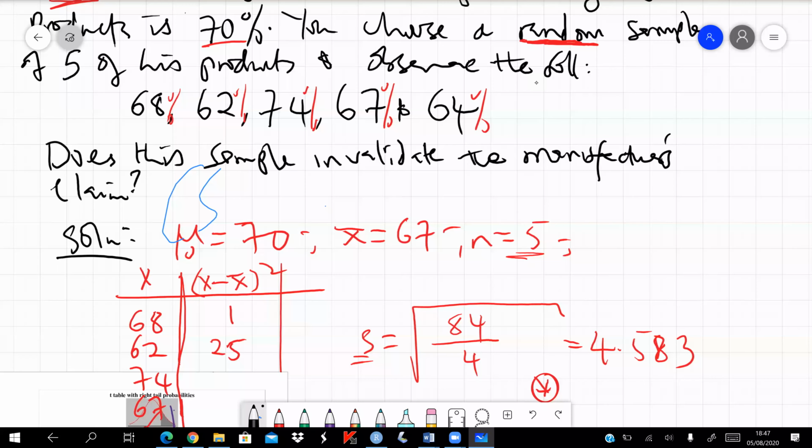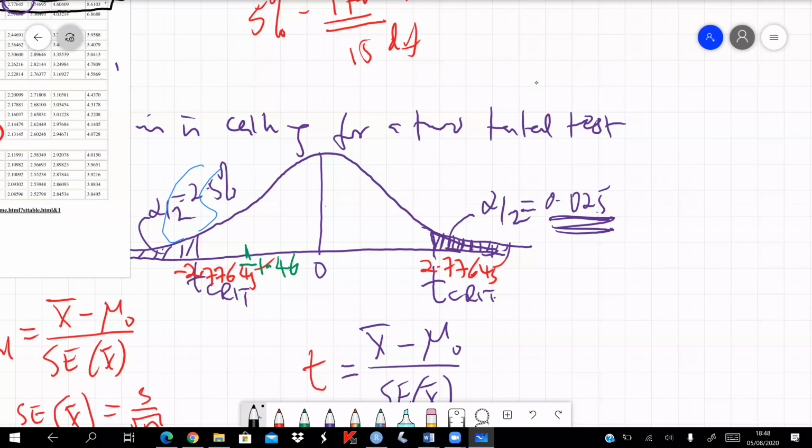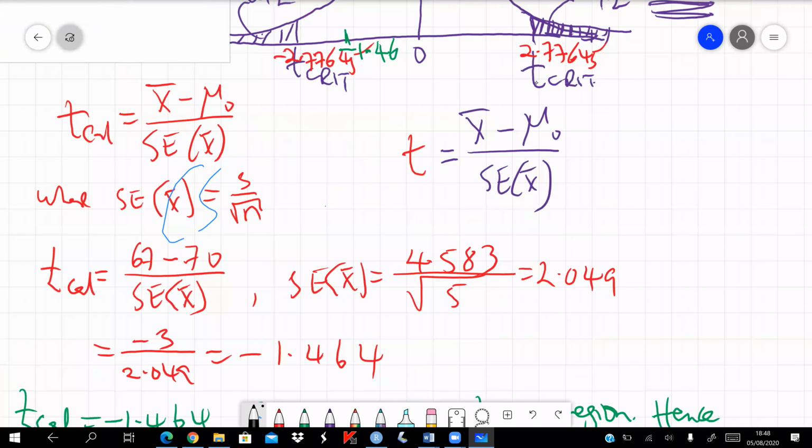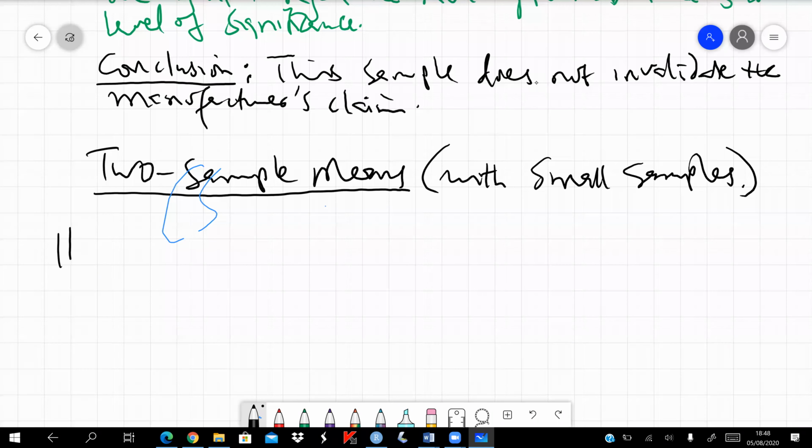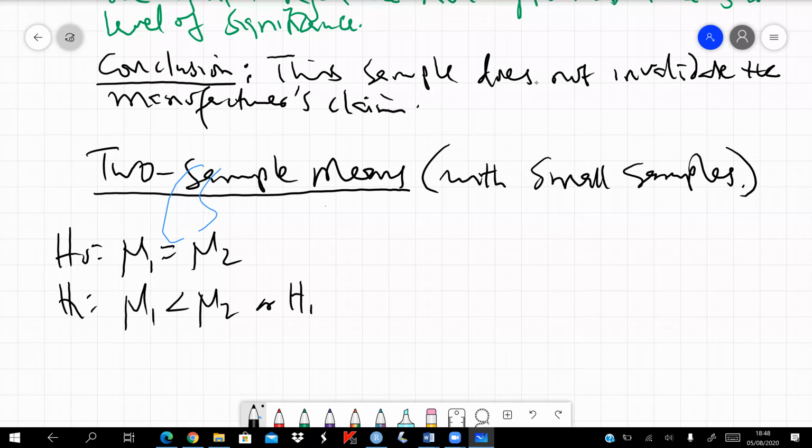Okay. So let me mention a few things there, especially the degrees of freedom. Let me start from H naught. H naught will be mu1 is equal to mu2. H1 is either mu1 less than mu2, or mu1 greater than mu2, or mu1 different from mu2.